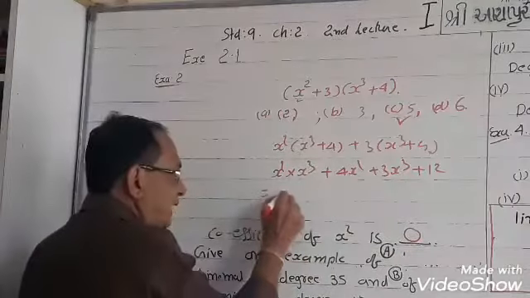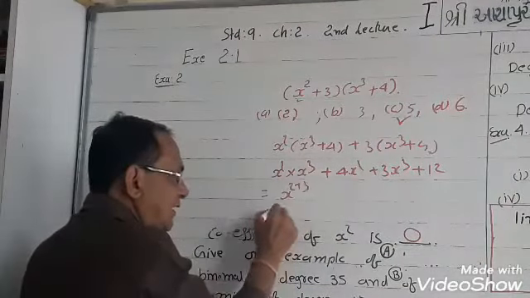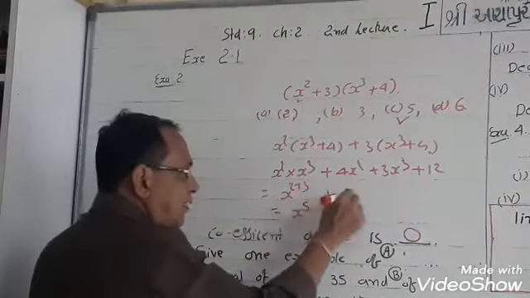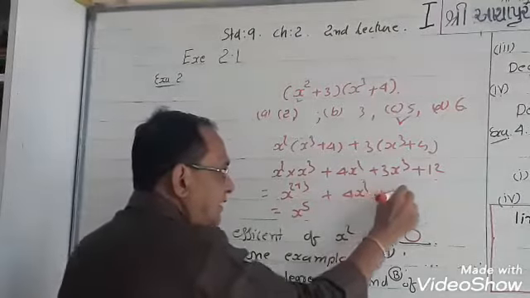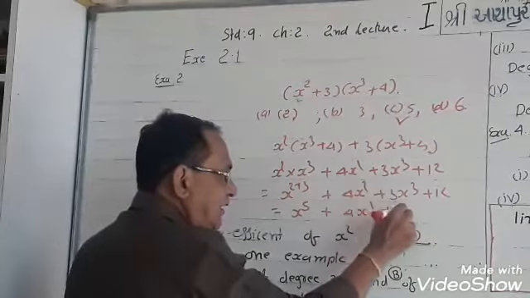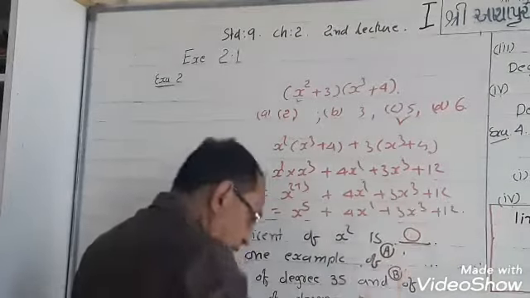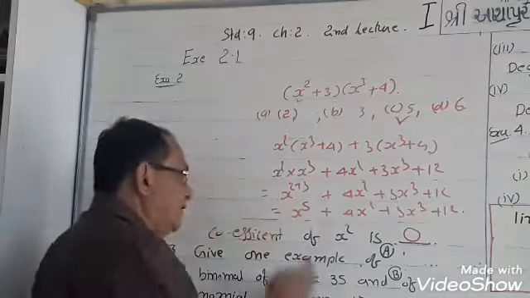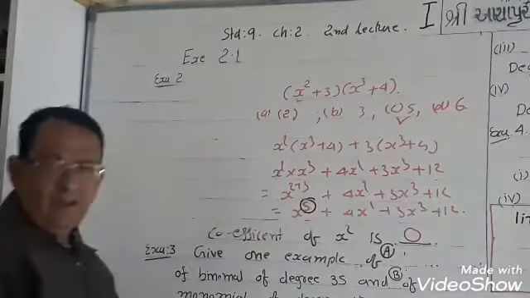So here x raised to 2 plus 3, x raised to 5, 4x square plus 3x cube plus 12. What is your answer? It is 5, not 6.